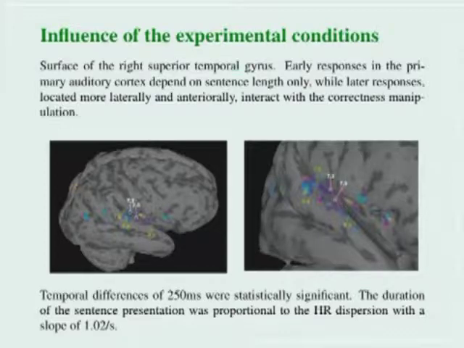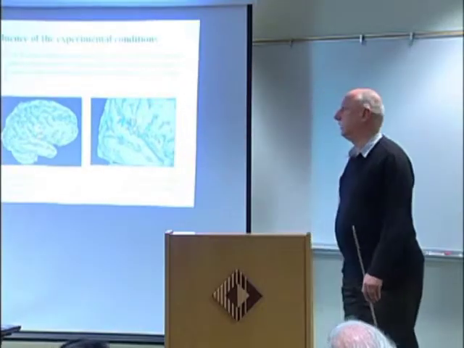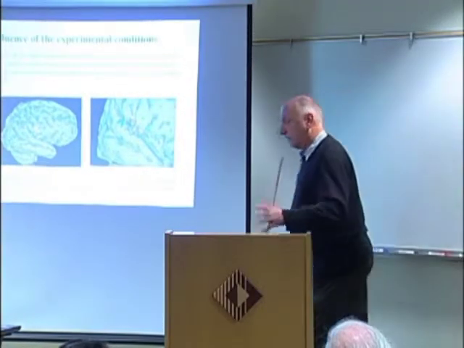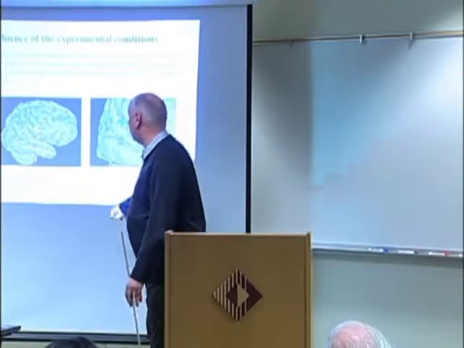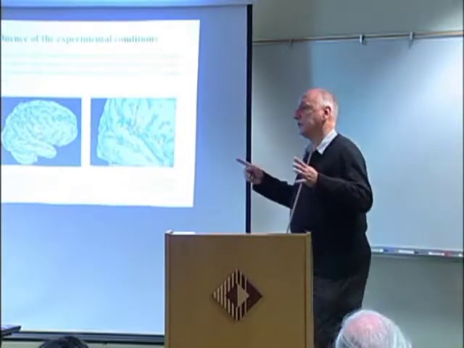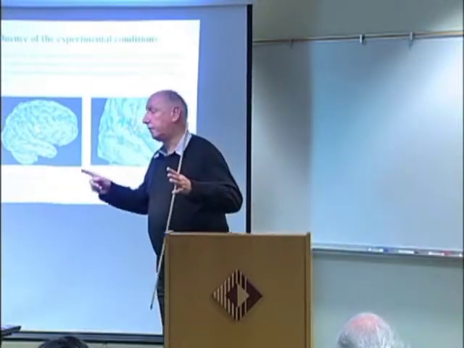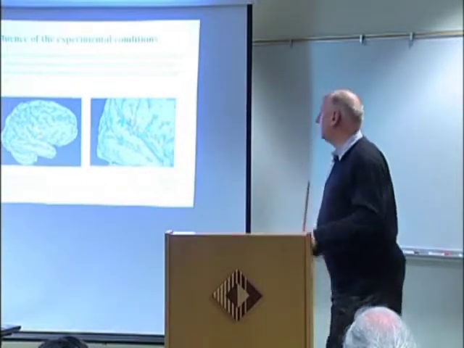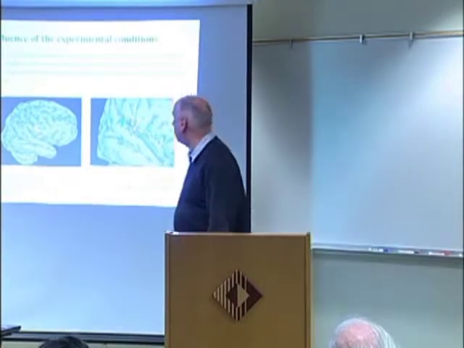What was also very interesting is that the duration of the sentence presentation was proportional to the HR dispersion, so to the duration of a hemodynamic response, with a slope of 1.02 per second. So it's almost proportional in this area. We are very much aware that this linearity is only given over a small range, because our sentence presentation varied only between 2.4 and 4.2 seconds. But that's a realistic way of treating this.